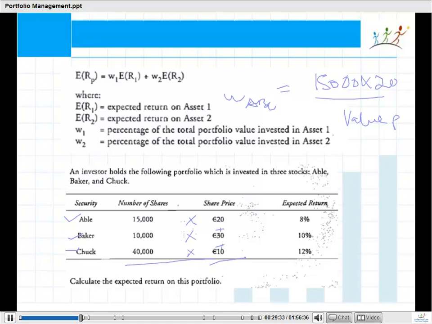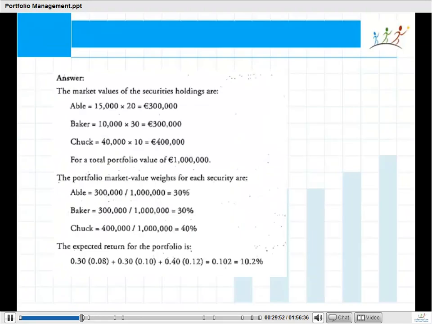Once you have the weights, you multiply 8% into the weight of A plus 10% into the weight of B plus 12% into the weight of C to compute the expected return of the portfolio.